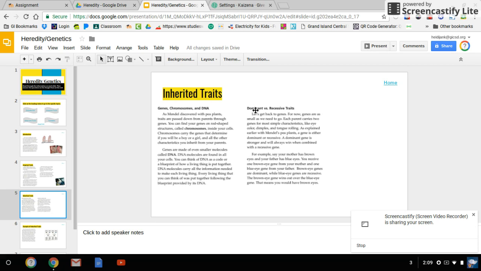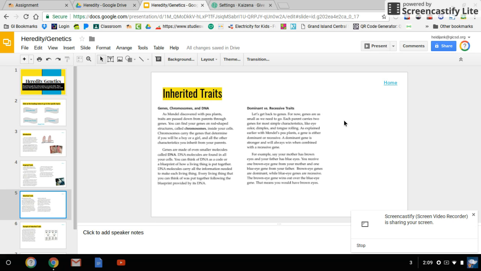Within inherited traits, we have dominant and recessive traits. Let's get back to genes. For now, genes are as small as we need to go. Each parent carries two genes for most simple characteristics, like eye color, dimples, and tongue rolling. As explained earlier, with Mendel's pea plants, a gene is either dominant or recessive.